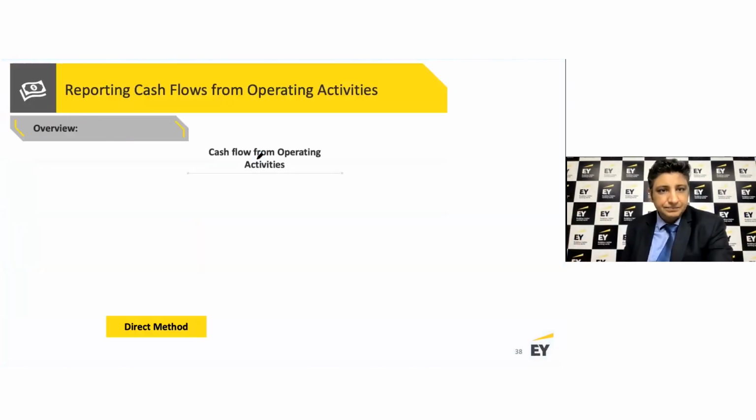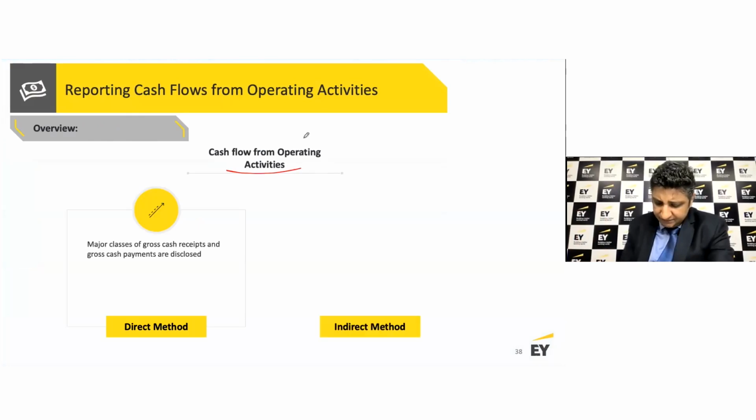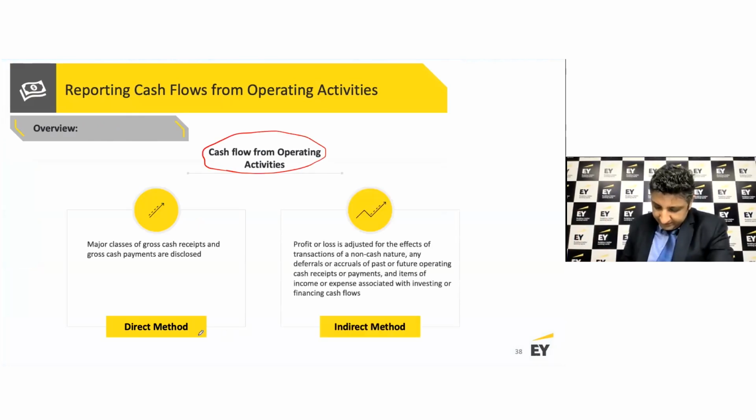When you look at the operating activities, of course, there could be a method in which you look, using a direct method, purely at your cash receipts and payments, right? It's as good as analyzing your cash book or a cash ledger in terms of what your sources of money are, where the money is coming from, what the receipts are, and what the payments are.